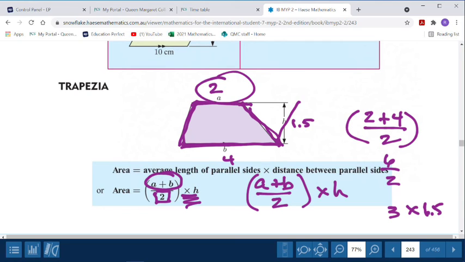You just have to remember, you have to add these 2 together and then divide by 2. What you're doing is you're getting your base measurement, but it comes off of 2 measurements. So it'd be 2 plus 4 divided by 2, which would give you 3, and then times whatever your height is. And again, I just made those up. Okay?